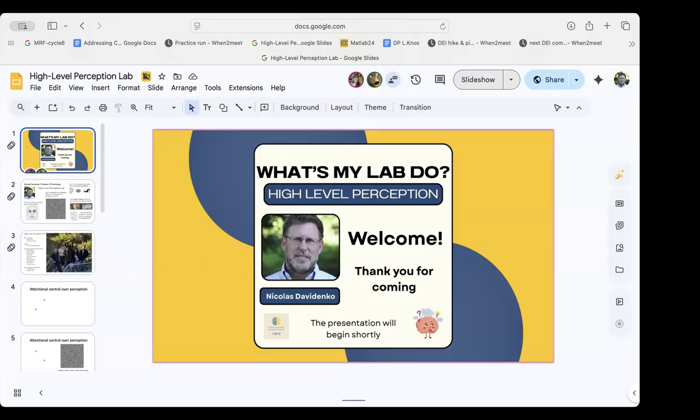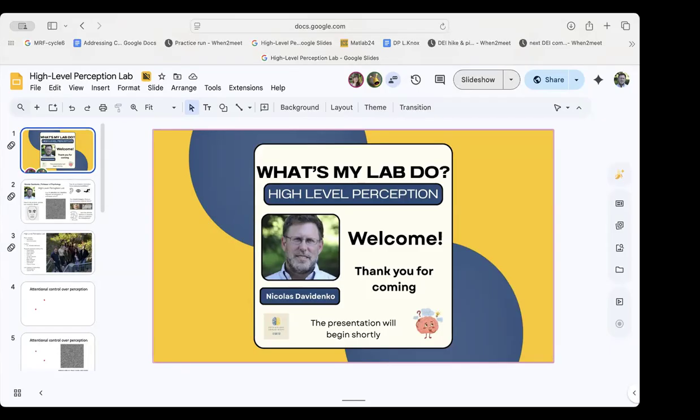There's a hierarchy of processing from the early sensory information, like in vision, what's going on at the level of the eye's retina, all the way up to higher areas of the brain that are interested in understanding meaning and context, and how that sensory information interacts with everything else going on in the environment.